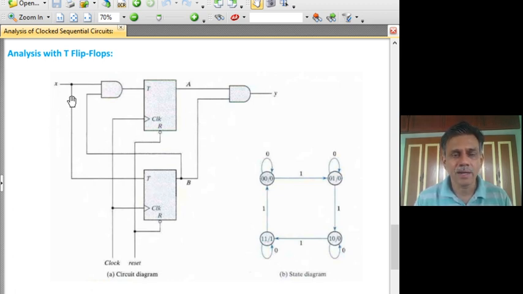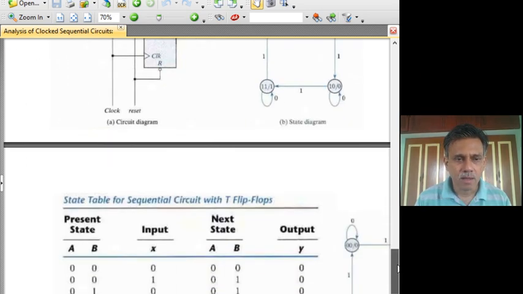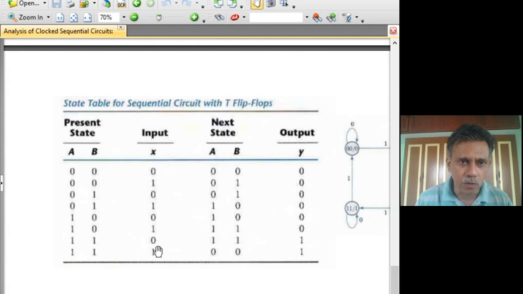So T is just X, and you have to look at the X value. Whenever X is 0, just copy B: B plus is the same as B. Whenever X is 1, you flip B and put it in B plus. So this is the mental calculation you have to do.